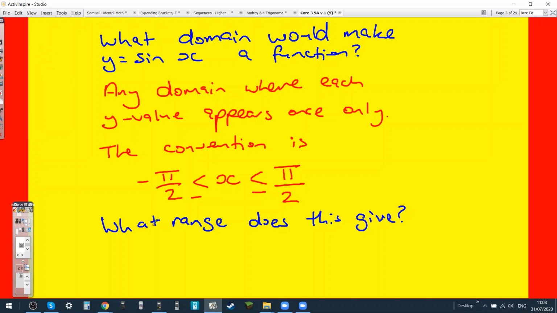The convention is that we do it between minus 90 and plus 90, or between minus pi over 2 and pi over 2. What range would that give? 180? Or just pi? Yeah. In terms of y coordinate.